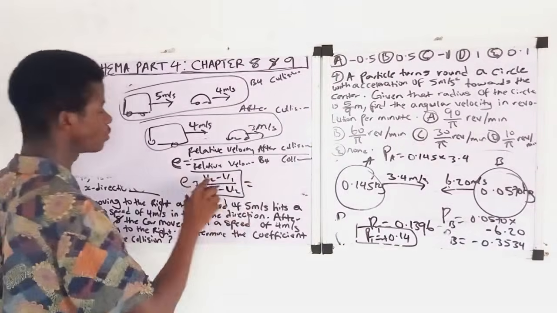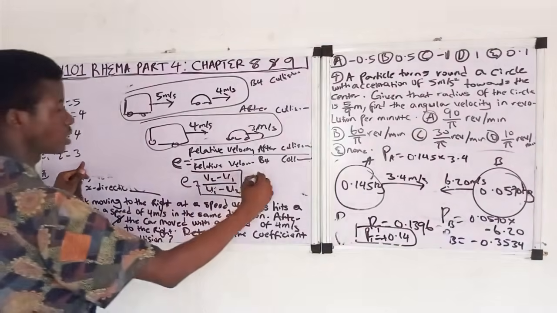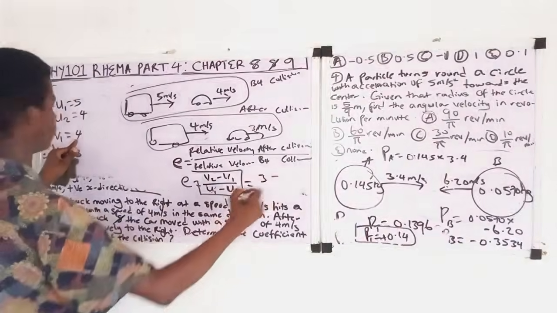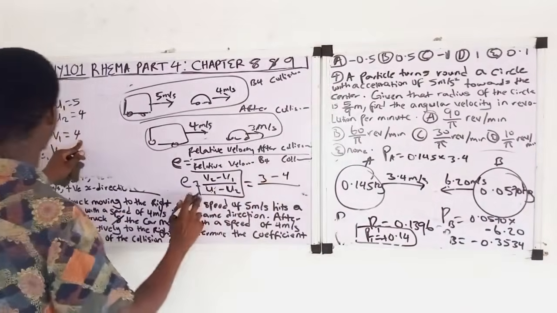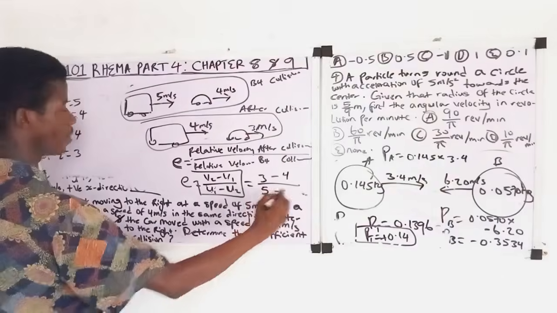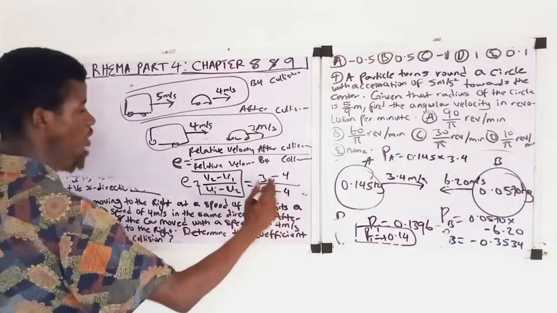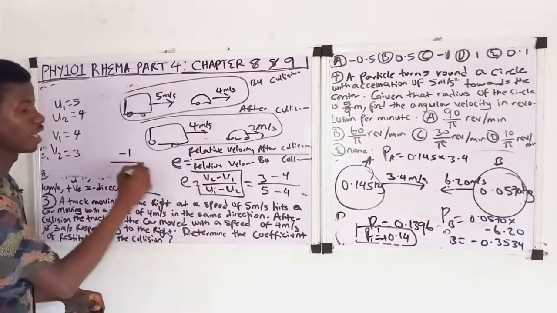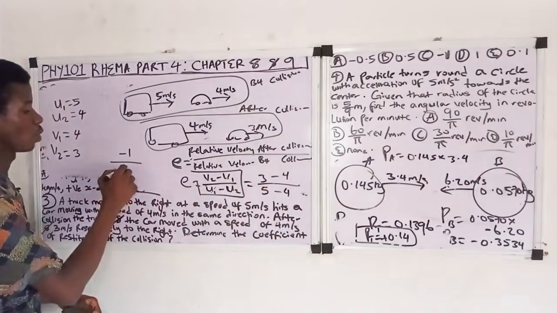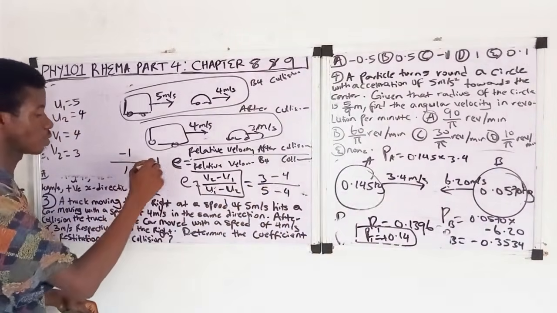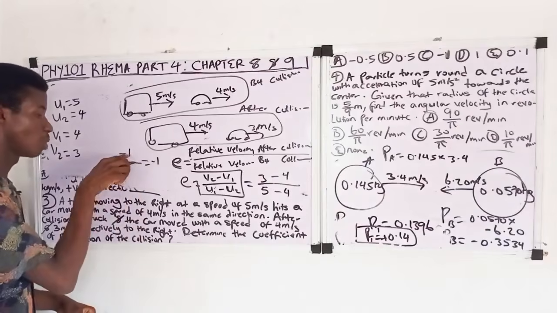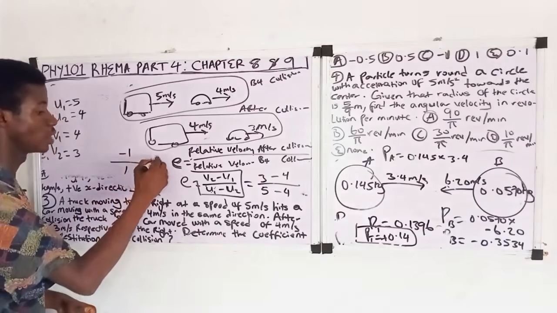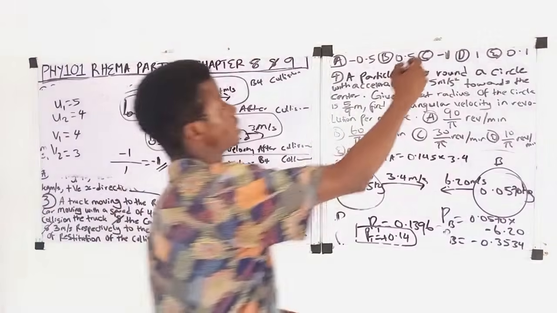So V2 is 3, V1 is 4, U1 is 5, and U2 is 4. So 3 minus 4 gives us minus 1, and 5 minus 4 gives us 1. Don't forget about this minus. So minus 1 divided by 1 still gives us minus 1. So the answer is minus 1, which is C.